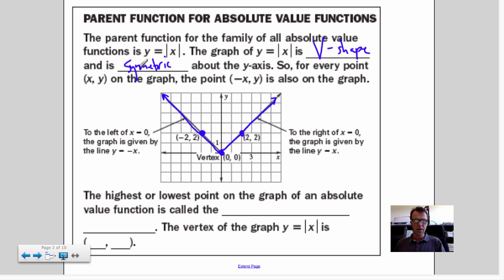There we go. The highest and lowest point of the graph, the absolute value, is called the vertex. And for us, this is located at 0, 0 for the parent graph. Nice. So how do we change the parent graph?